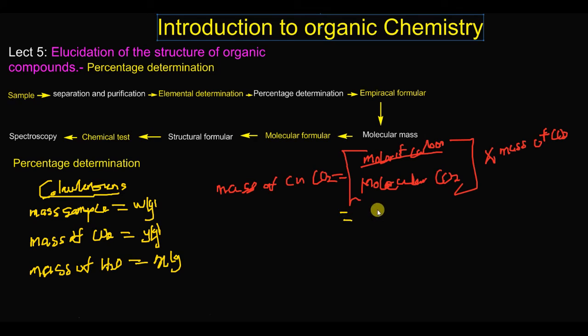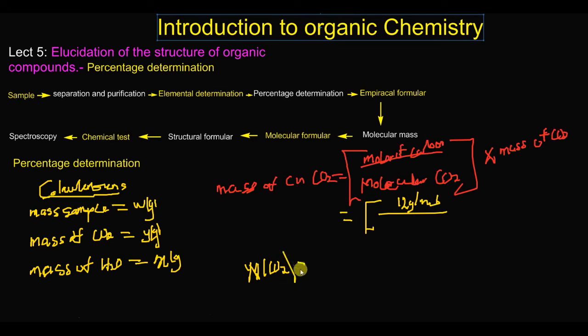Now, what is the molar mass? One carbon atom has a mass of 12 grams per mole. And again, the whole molecular mass of the compound. Let's find the molecular mass for CO2.